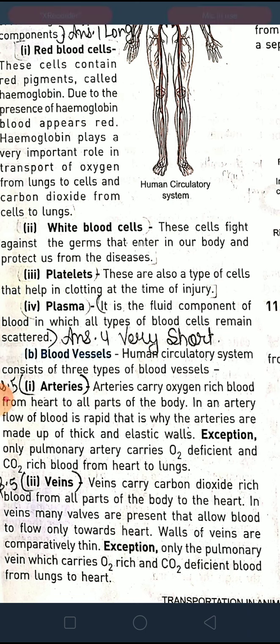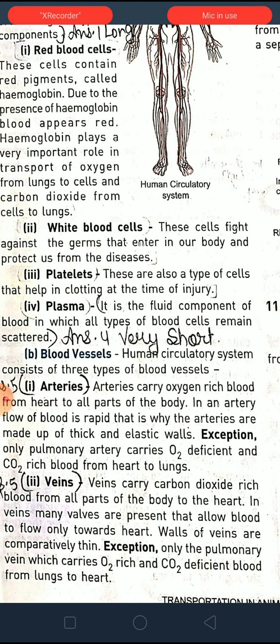And the blood flow in arteries is rapid. That is why arteries are made up of thick and elastic walls, because you know that our heart is pumping. So when blood goes from the heart to all parts of the body, it goes under great pressure.